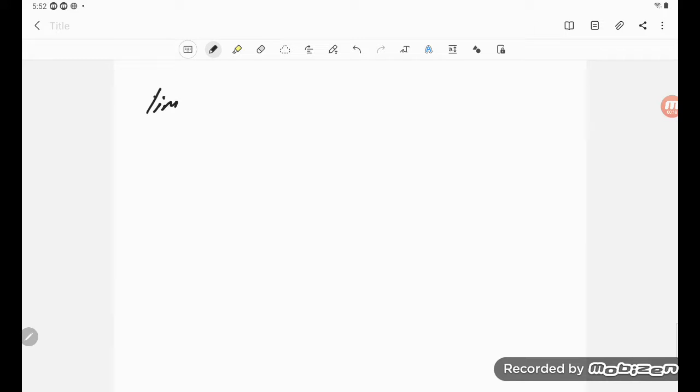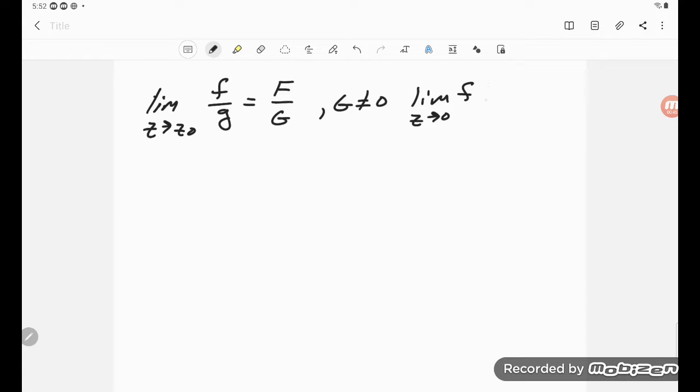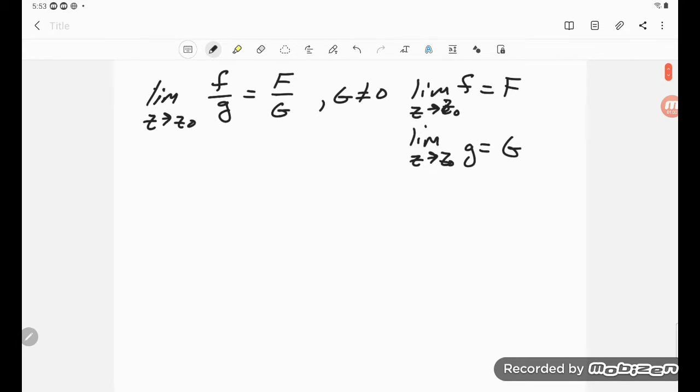So I want to look at the limit as z goes to z0 of, say, f over g, and I want to say that that's equal to some big F over big G, if big G is not equal to 0, and we have that the limit as z goes to z0 of f is big F, and the limit as z goes to z0 of g is big G. So there are a few ways to do this.